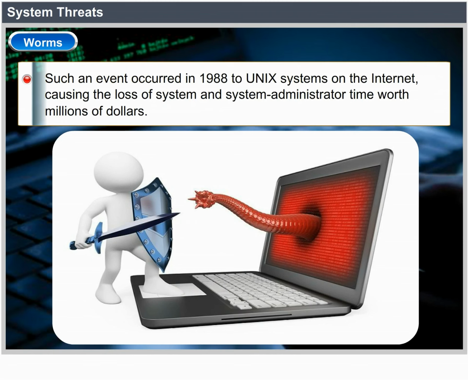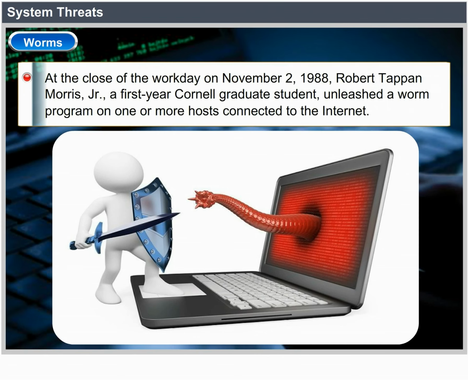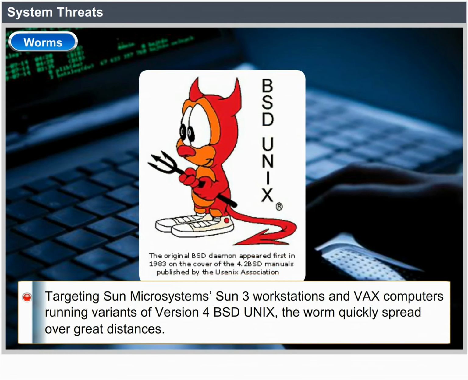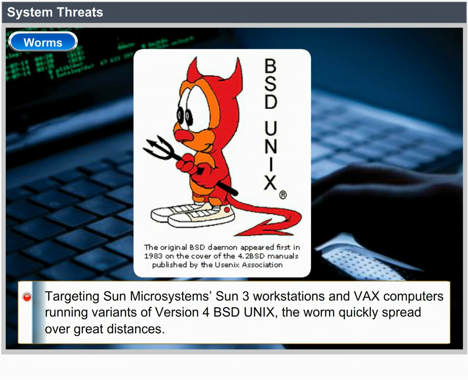At the close of the workday on November 2, 1988, Robert Tappan Morris Jr., a first-year Cornell graduate student, unleashed a worm program on one or more hosts connected to the Internet. Targeting Sun Microsystems Sun 3 workstations and VAX computers running variants of version 4 BSD Unix, the worm quickly spread over great distances.